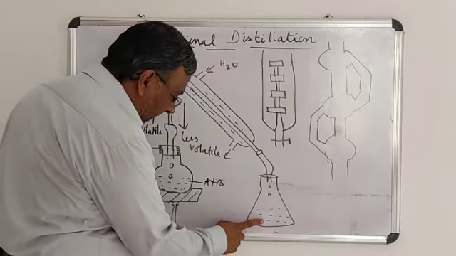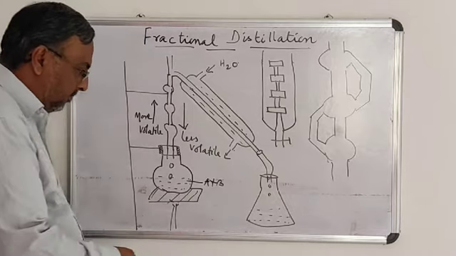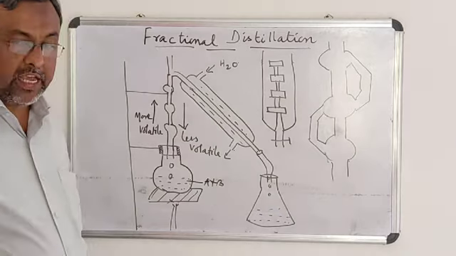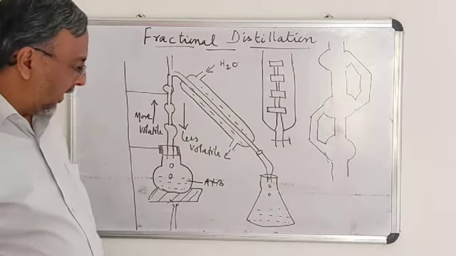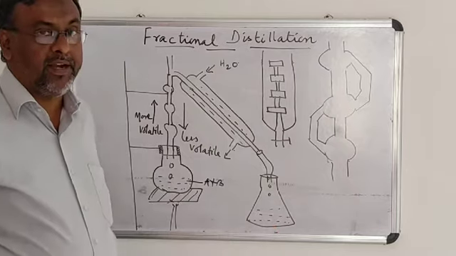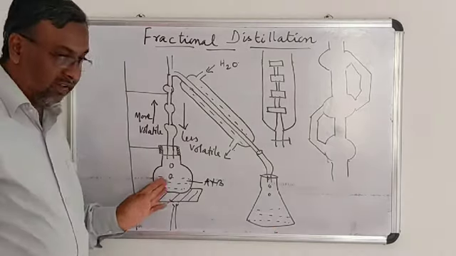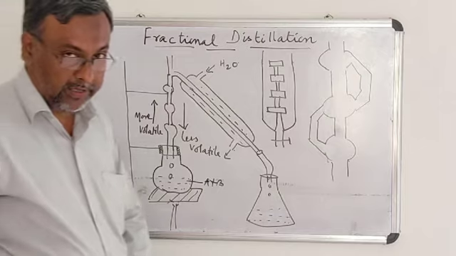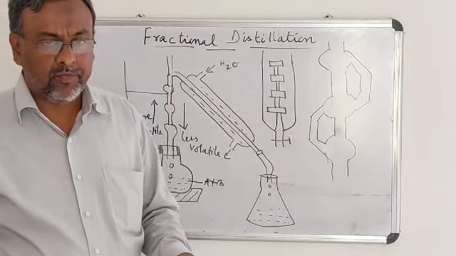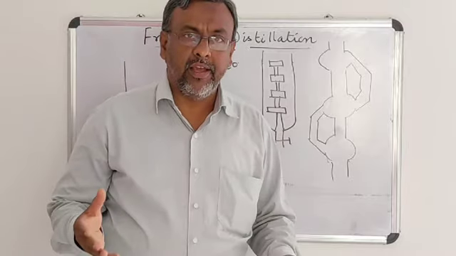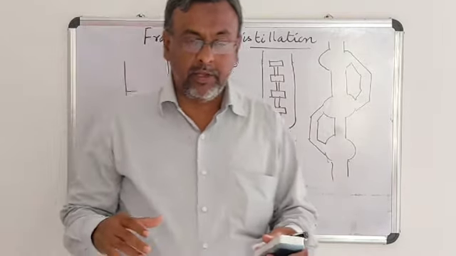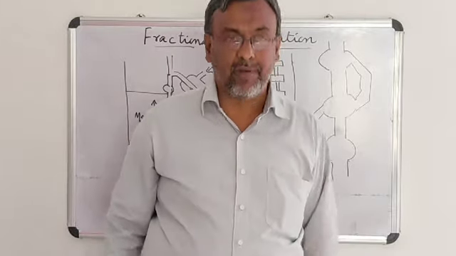This is the collector where we find the more volatile liquid, the one having a low boiling point, separated from the liquid having a high boiling point. Here also, the liquid starts boiling when its total vapor pressure becomes equal to atmospheric pressure.